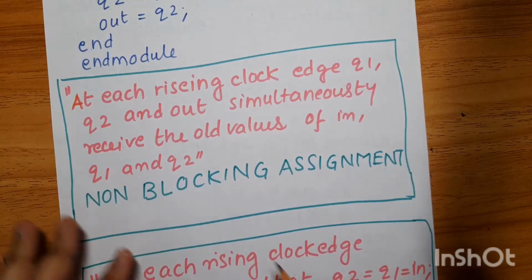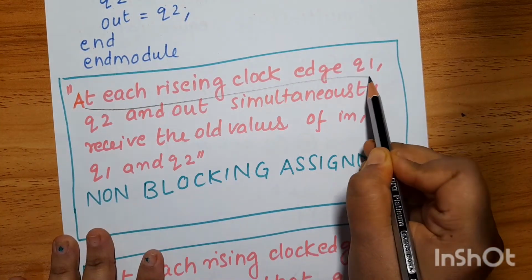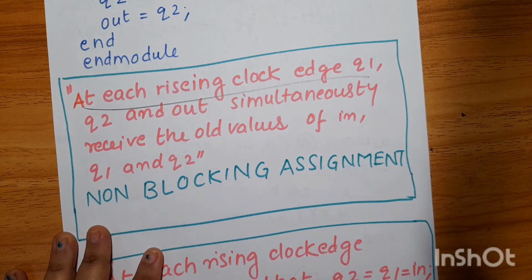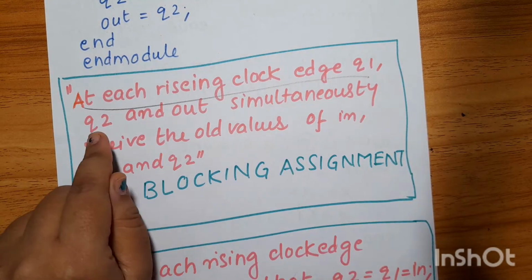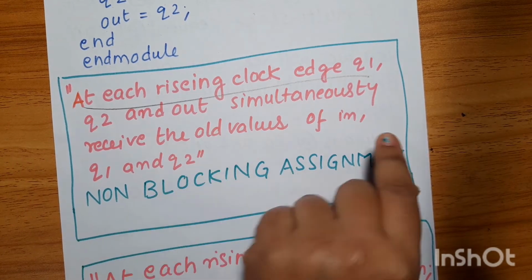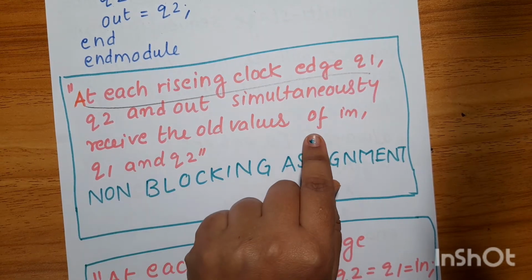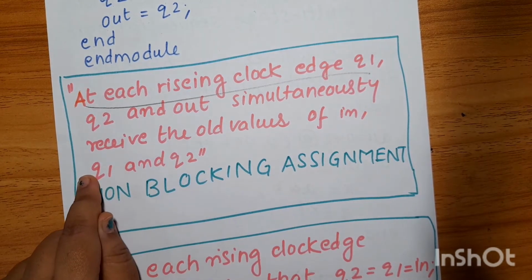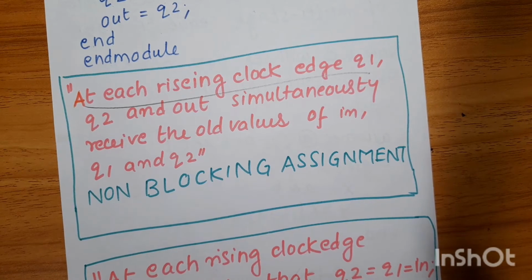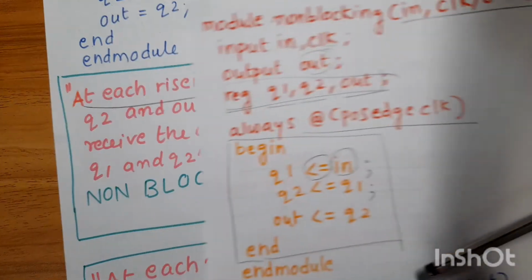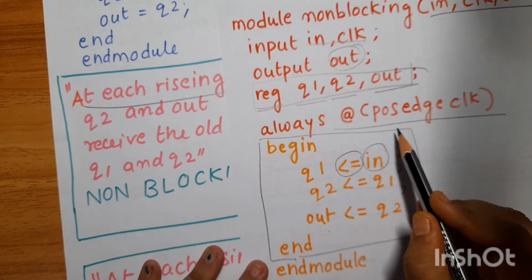Now, at each rising edge of the clock, Q1, Q2 and out simultaneously receive the old values of in, Q1 and Q2. That is how we have seen in the non-blocking assignment code.